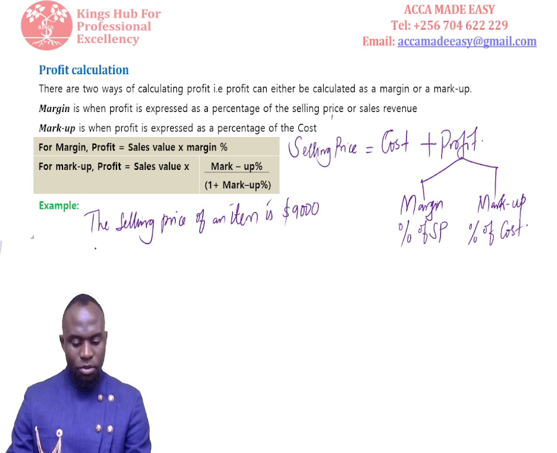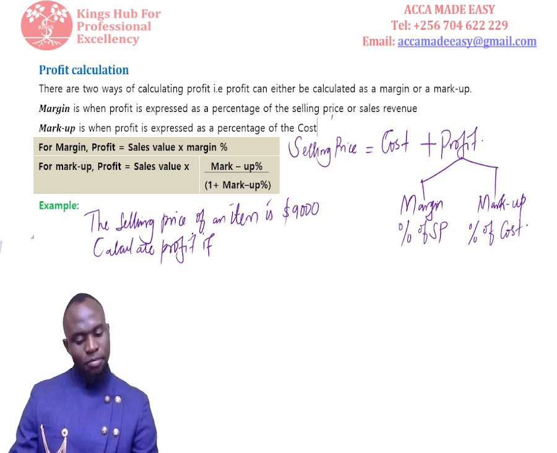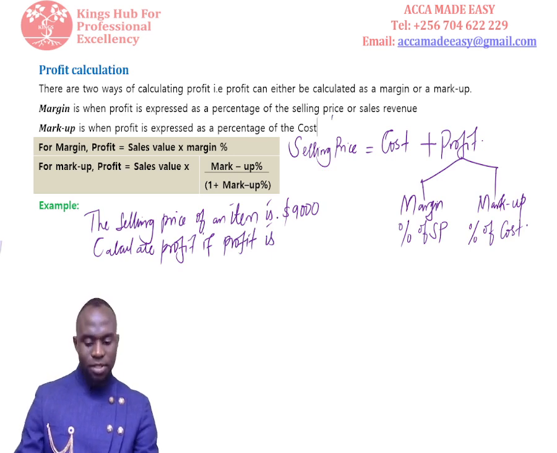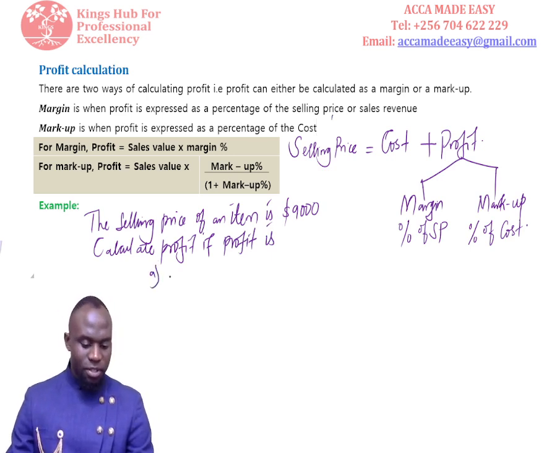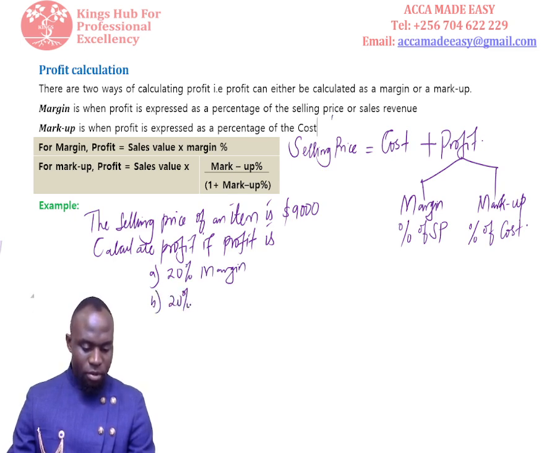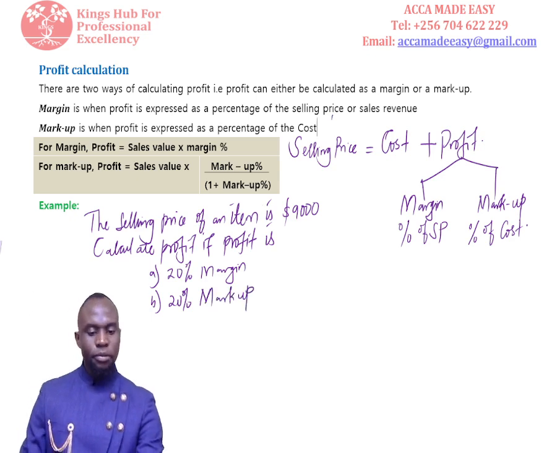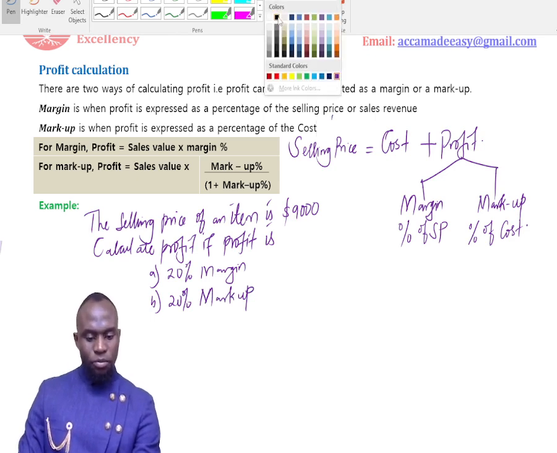Now this is the question: calculate the profit if, part A, profit is 20% margin, or part B, profit is 20% but it is a markup. So that's what we are going to do.